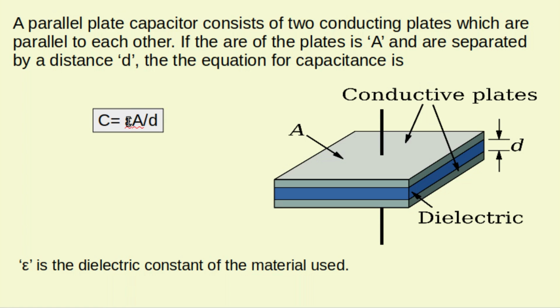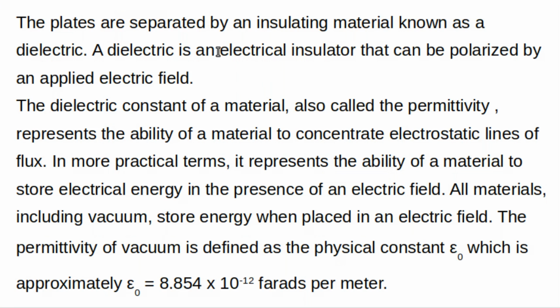Here epsilon is the dielectric constant of the material used between the plates, A is the area of one plate, and d is the distance between the plates, or the thickness of the dielectric material. In a capacitor, the metallic plates are separated by an insulating material which is usually called a dielectric.